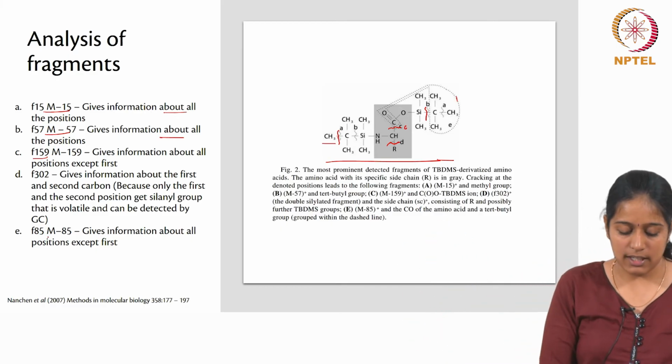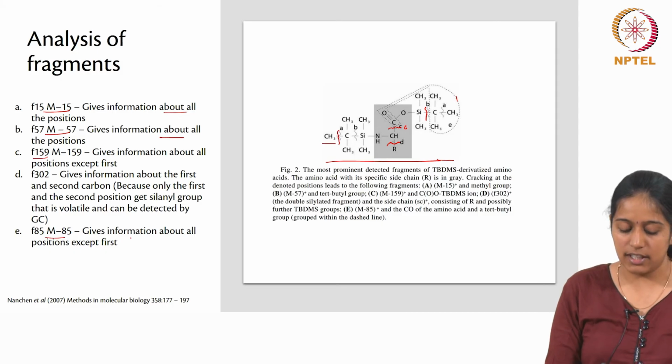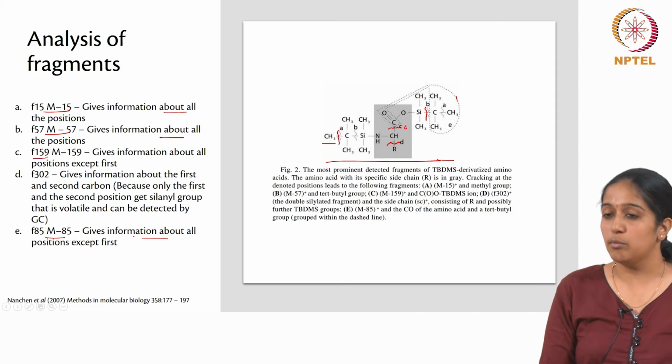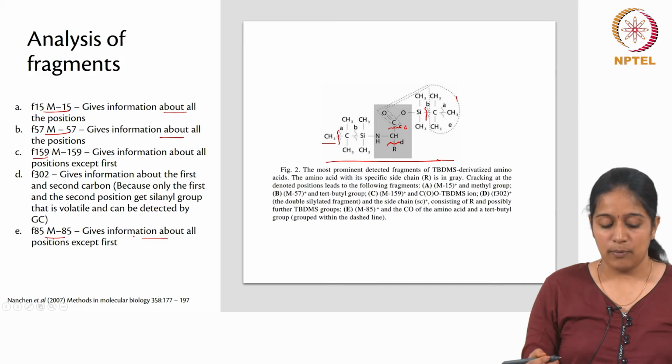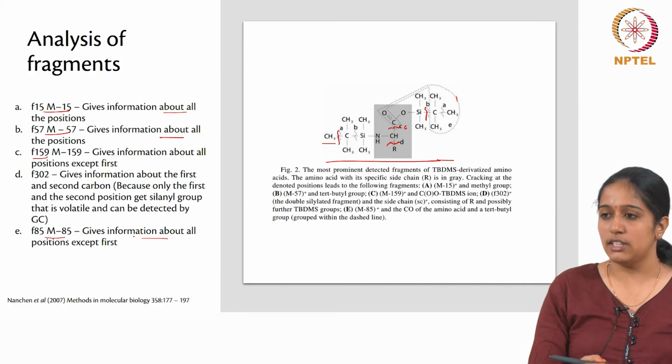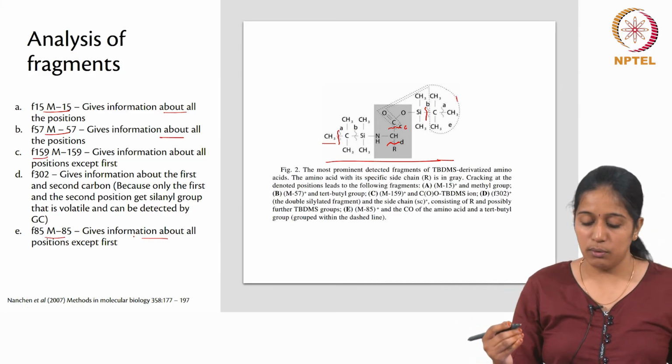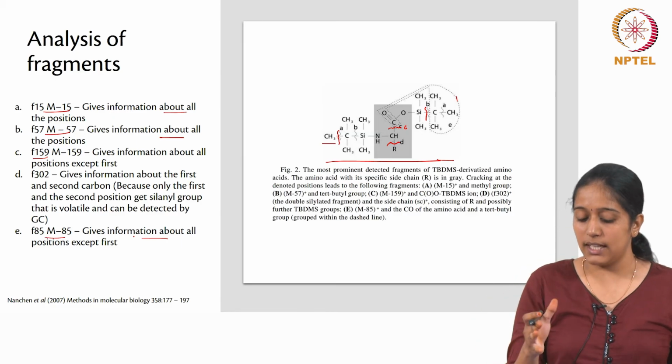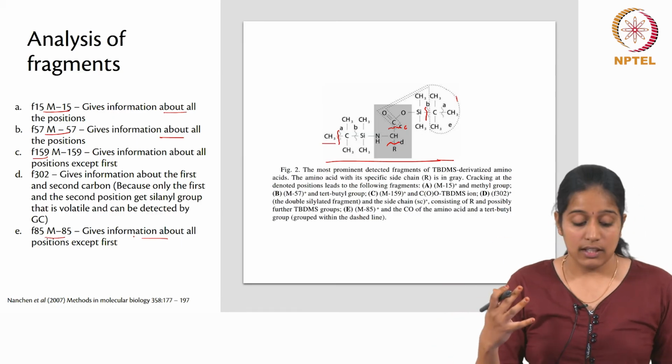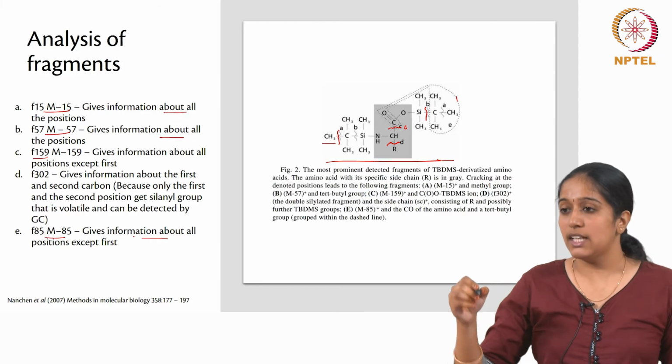Similarly, M minus 85 gives information about all positions except the first. So, using the information from different fragments, you backtrace or calculate the labelings at different positions.